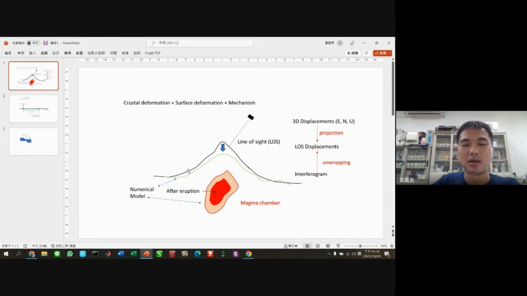So if we want to understand how the volume change of the magma chamber controls or dominates the surface deformation, then we need the numerical model to show us the relationship between the surface deformation and the volume change of the magma chamber.